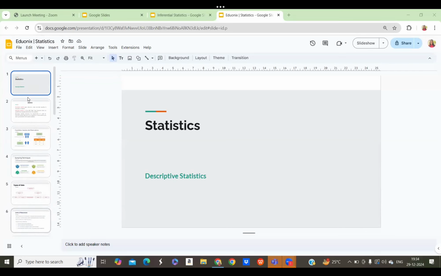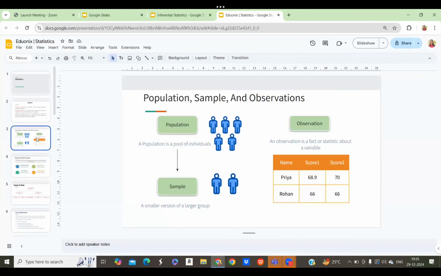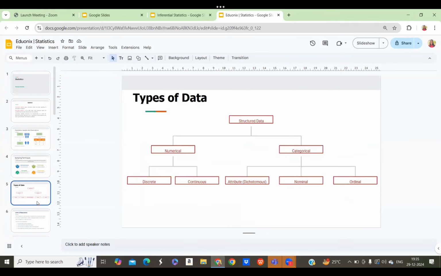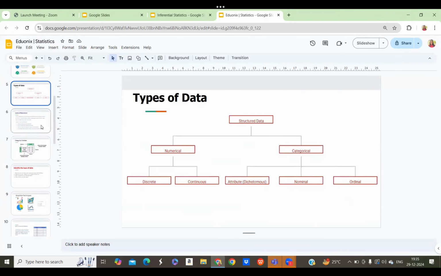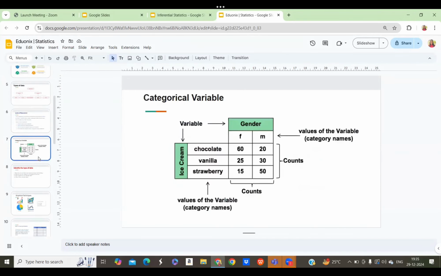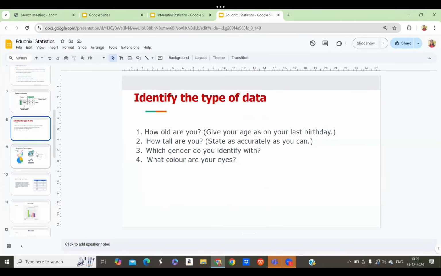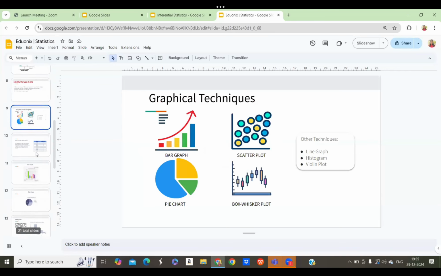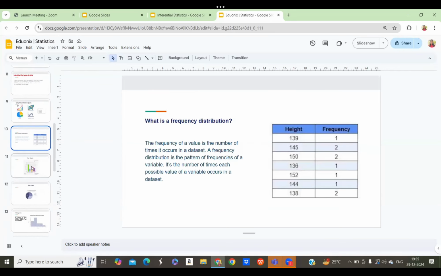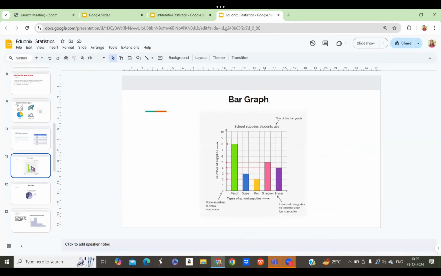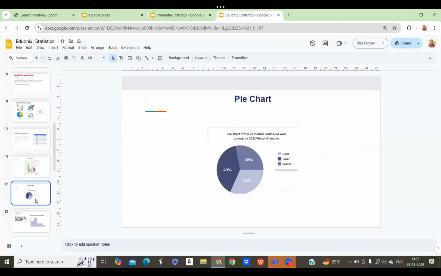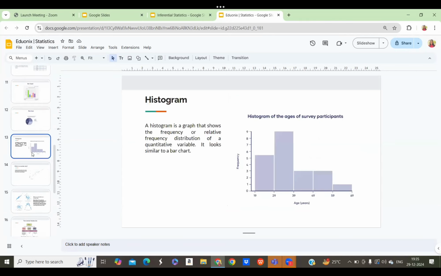Okay. So, yesterday we learned about statistics, two different types of statistics. Then, what is sample, what is population, what is observation, what are the different types of data, how a data looks like, and then how to identify the type of data, what are the different techniques we can use to visualize our data, and then we learned how to draw bar graph and scatter plot manually, and we understood the difference between bar graphs and histogram.